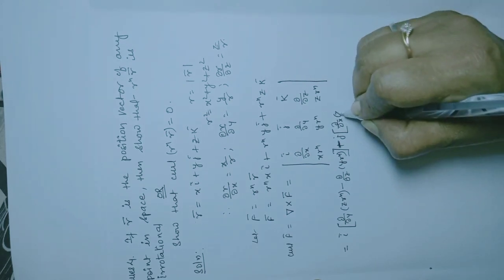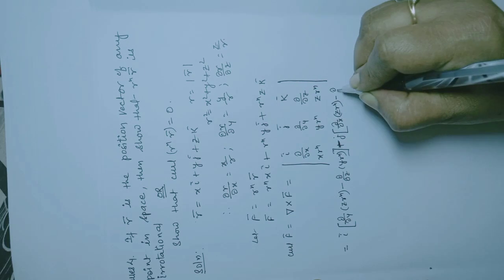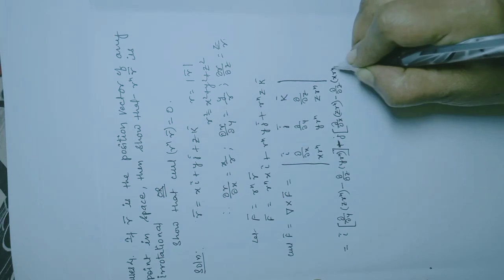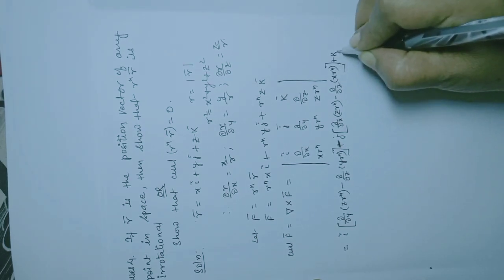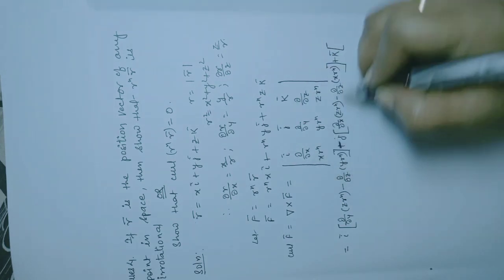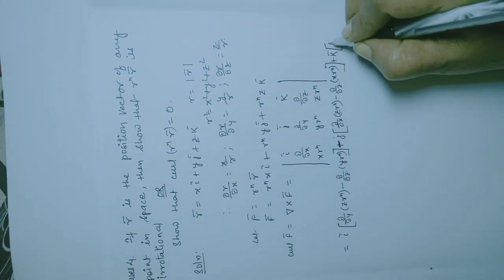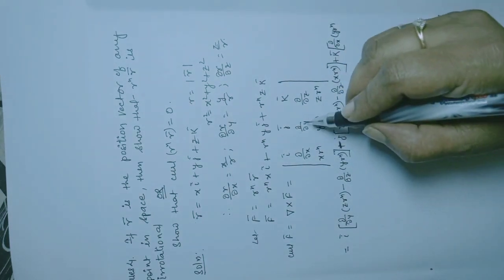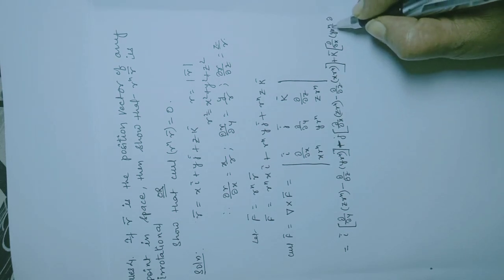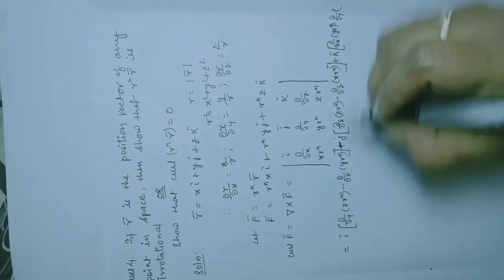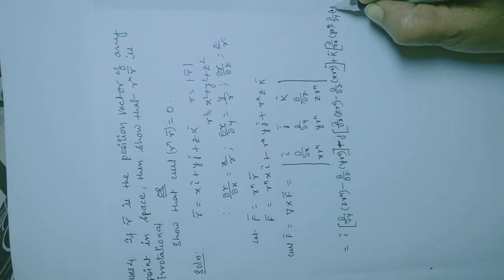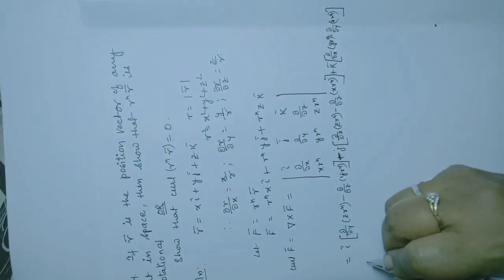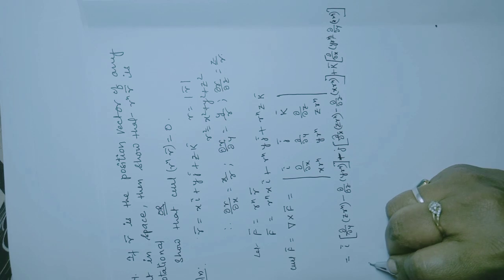So minus del by del x of r to the power n z, minus del by del z of r to the power n x, plus k times del by del x of y r to the power n, minus del by del y of x r to the power n, right? So let's solve these.